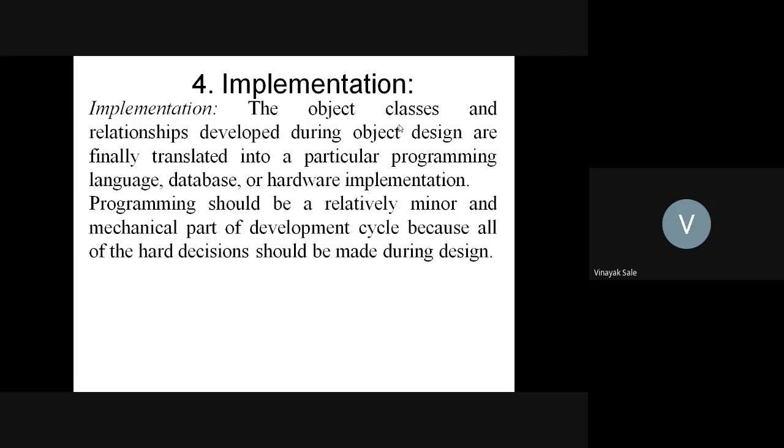The object classes and relationships developed during object design are finally translated into a particular programming language, database, or hardware implementation. Programming should be a relatively minor and mechanical part of the development cycle because all of the hard decisions should be made during design.